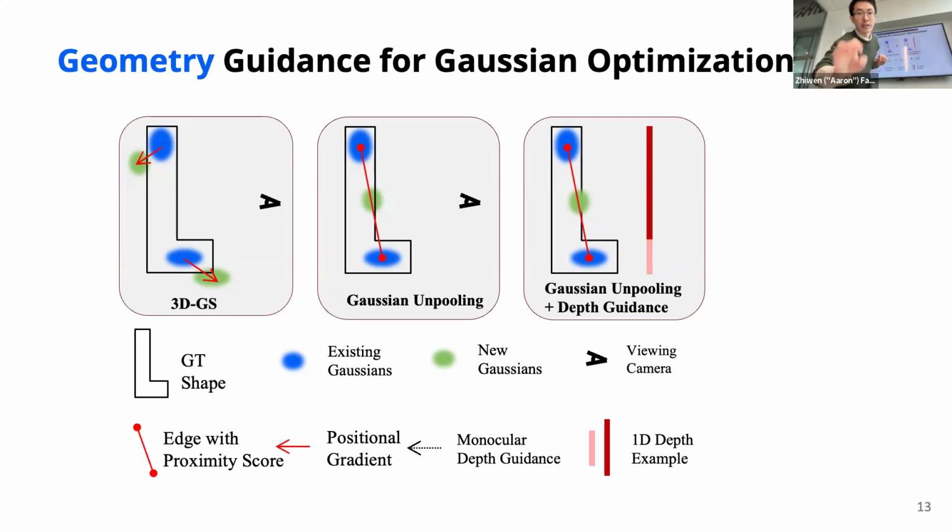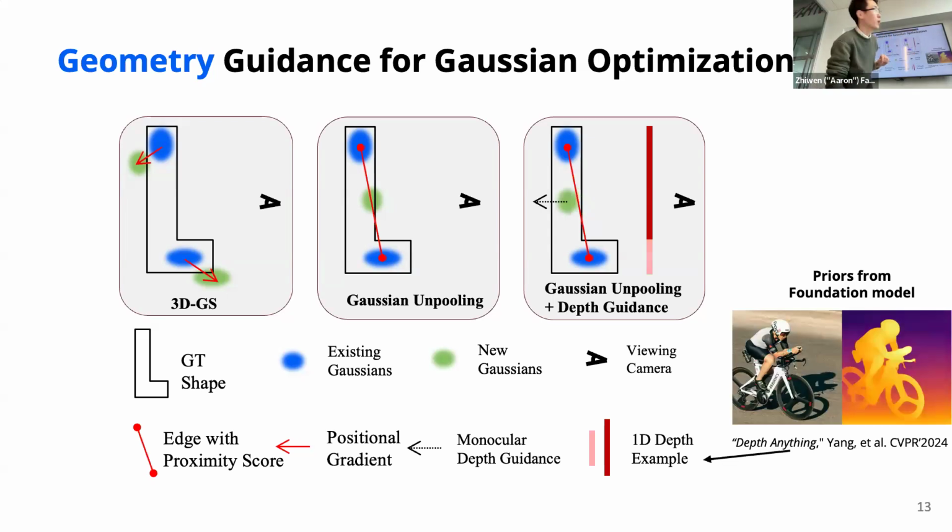With this relative information, we can refine the position of this green new Gaussian. You can see that, initialized from here, we can move it toward the most representative place. We know from the monocular depth information that this Gaussian is farther than this one, right? That's why we can push the newly cloned Gaussian to the best position.